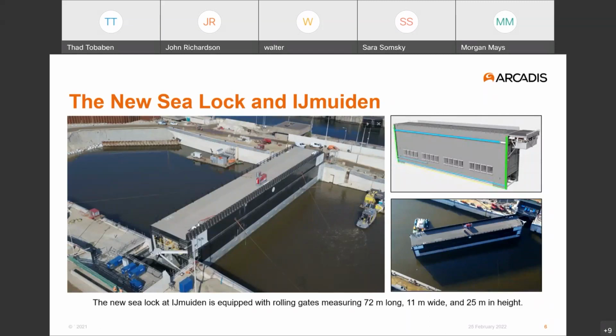And so again, one of the things that makes the project unique is the fact that the doors are designed to slide in and out of pockets on the side of the lock and contained within the doors is the leveling system piece of rigging.